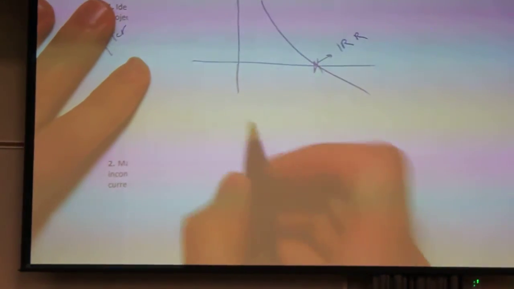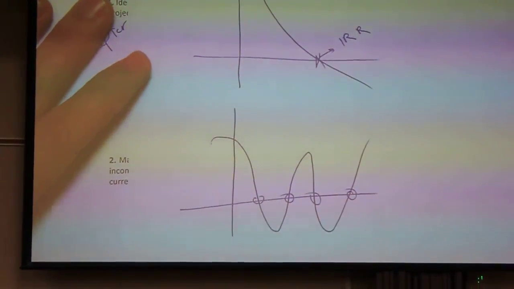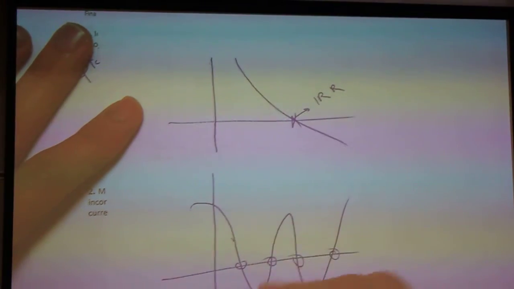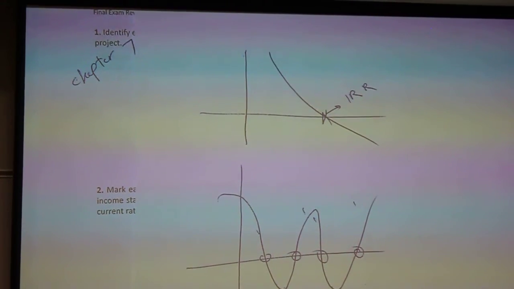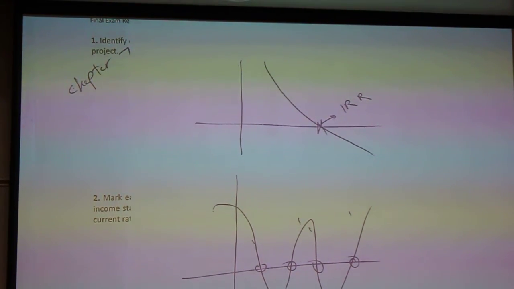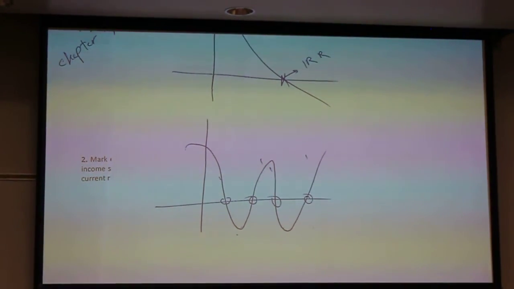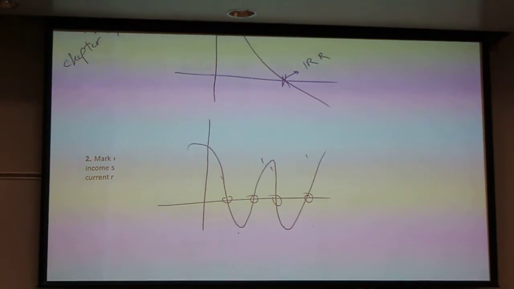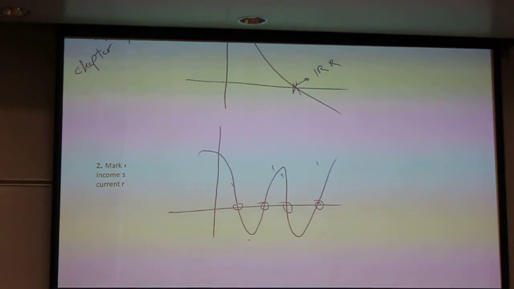For non-simples, we had multiple sign changes, and there is a good chance we don't have a unique IRR for that investment. Do you remember? I did mention this, right?